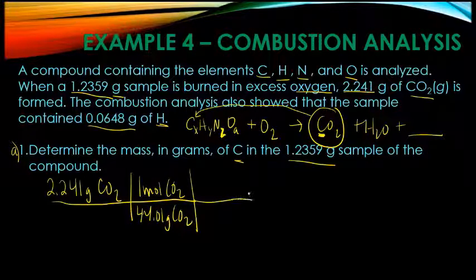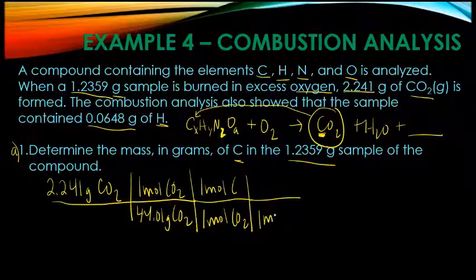Now this is the step where you have to split up the carbon dioxide into its moles of carbon and moles of oxygen, although we're only really looking at the carbon at this point. So 1 mole of CO2 has 1 mole of carbon because there's only 1 atom of carbon in the entire molecule. Then we can do 1 mole of carbon is equivalent to 12.01 grams of carbon.